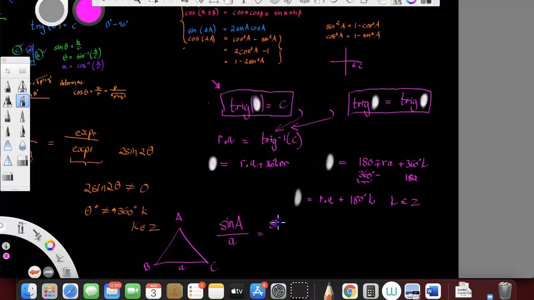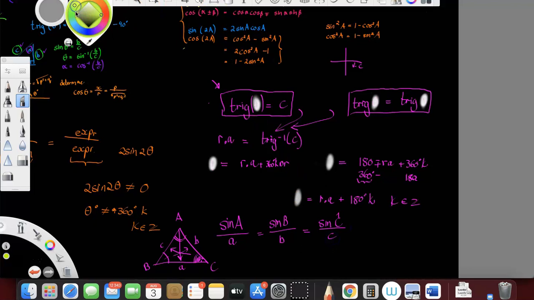It's equal to sine B over its opposite side length, which would be equal to sine of this angle divided by its opposite side length. So that's the sine rule. Know the sine rule. It's important to know the sine rule.